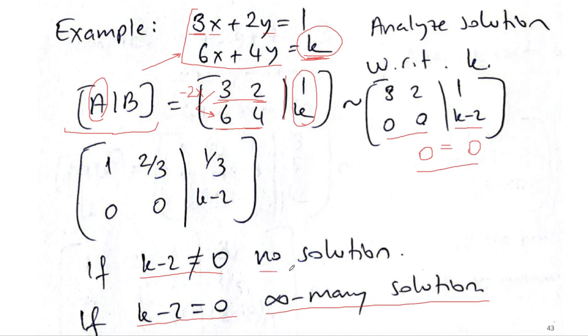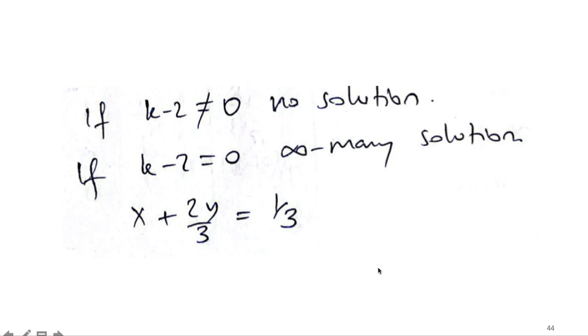So we say no solution in this situation. And if this is equal to 0, we have infinitely many solutions, and all the x and y values that satisfy this equation are among the infinitely many solutions.